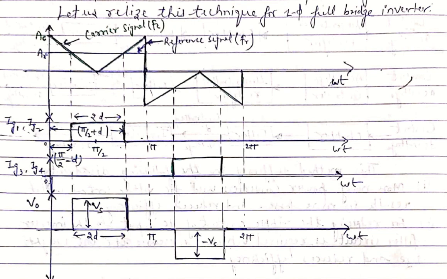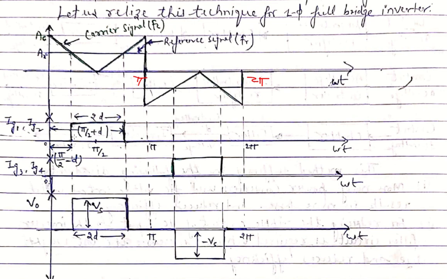So in the positive half cycle, that is 0 to pi duration, this is 0 to pi, here it is pi and there it is 2 pi. So Ig1 and Ig2 are the pulses for the thyristor switches T1 and T2 respectively. In this positive half cycle, as we can see from this waveform, the carrier waveform Ac has amplitude higher than the reference.